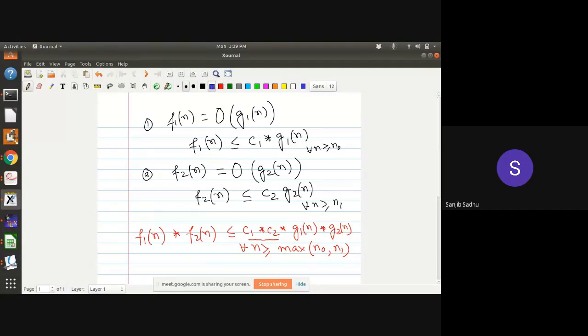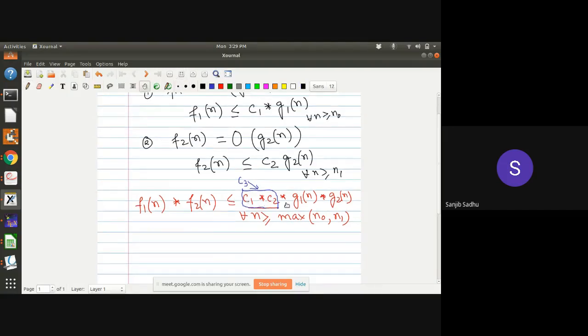I can write this portion as c3, suppose. So f1n into f2n is less than or equal to c3 into g1n into g2n for all values of n greater than or equal to max of n naught, n1. Now this tells us that f1n into f2n is big O of g1n multiplied by g2n.